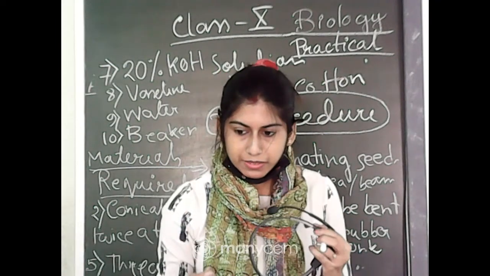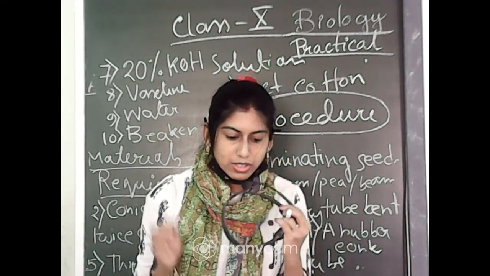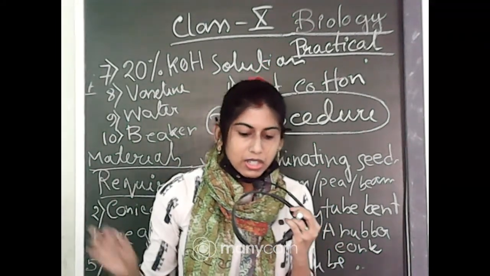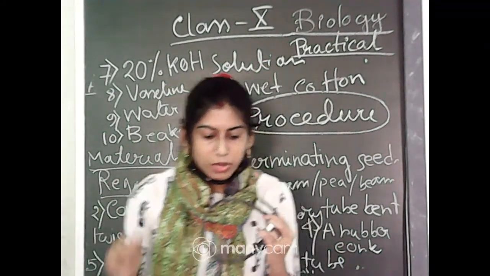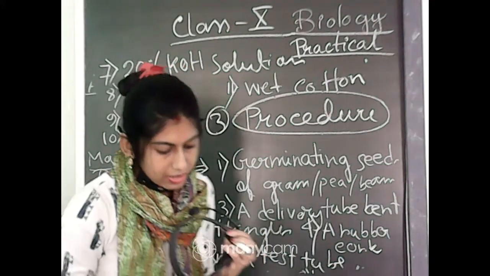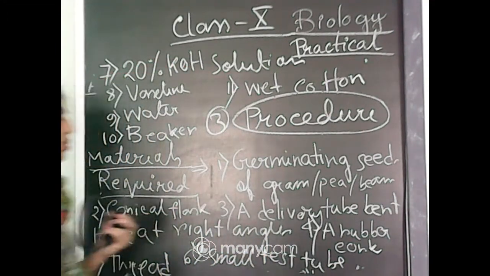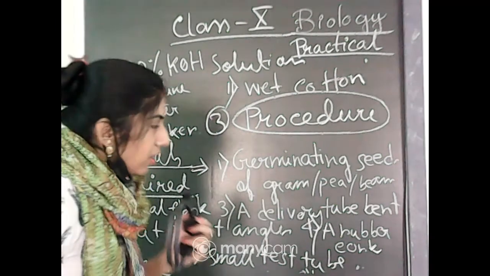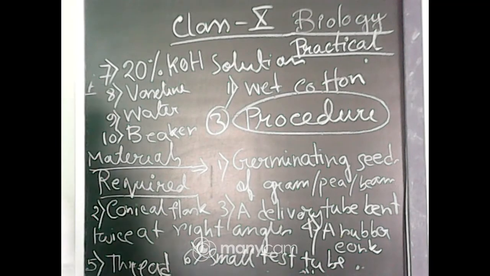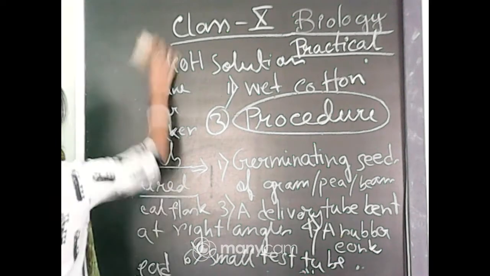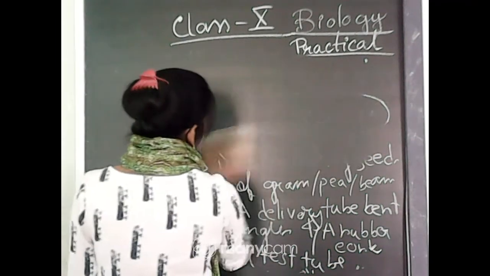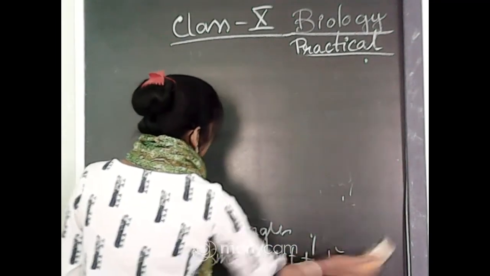These are the points which will come under the procedure. On the left side of the page you have to draw a diagram of how you have to make the setup. I will draw this diagram now.